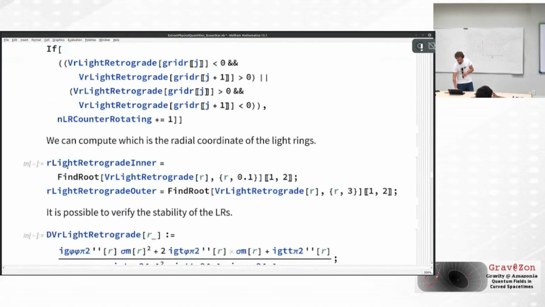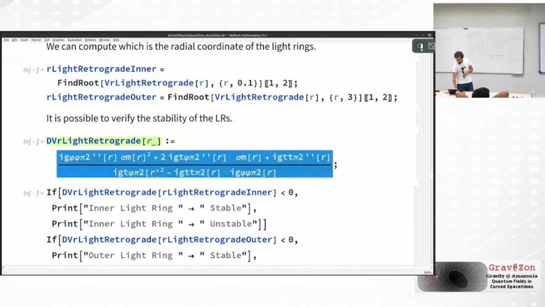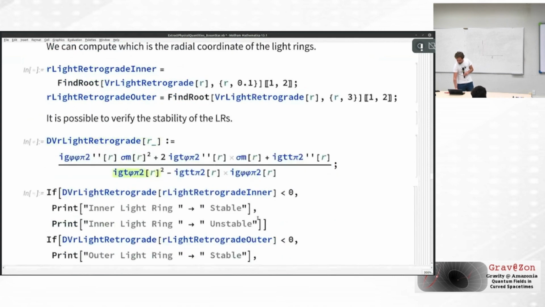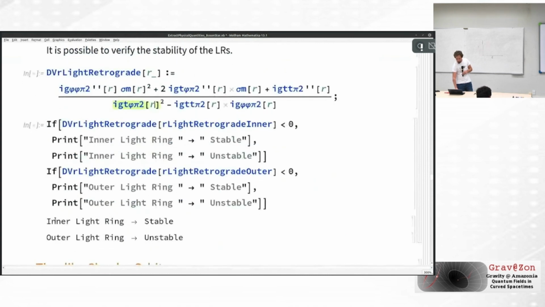Then you can try to find the radial coordinate where the light rings are. Since there are light rings, you can look into the stability, just compute this and see if it is positive or negative. And here I just have a small code to say that the inner one is stable and the outer one is unstable, again in agreement with the lecture from Pedro.